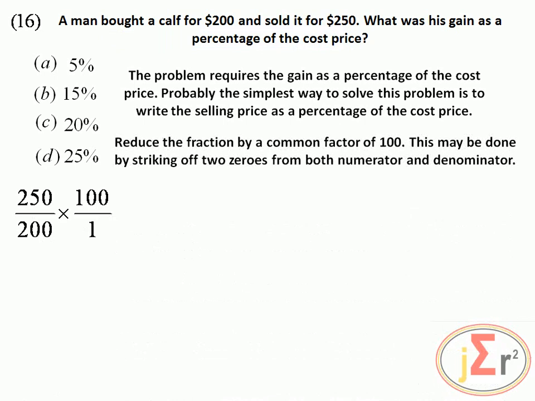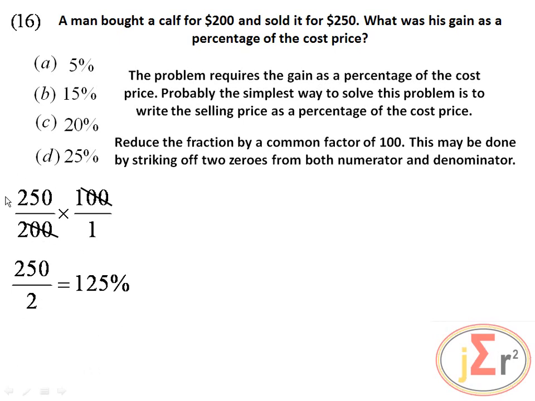Reduce the fraction by a common factor of 100. This may be done by striking off 2 zeros from both numerator and denominator, as we usually do in primary school, reducing by a common factor of 100.